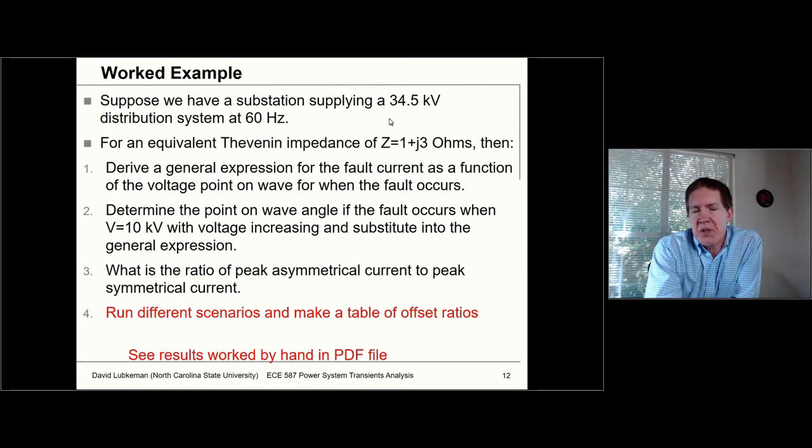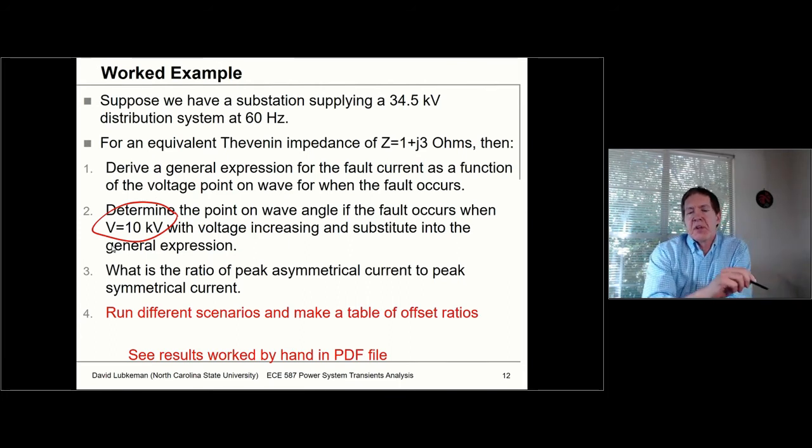And to make this a little bit more complicated, instead of assuming that the fault occurs at theta equals 0, I know the instantaneous voltage value when the fault occurs, so I want to take that into account in my example as well. And so this will be in a separate video.